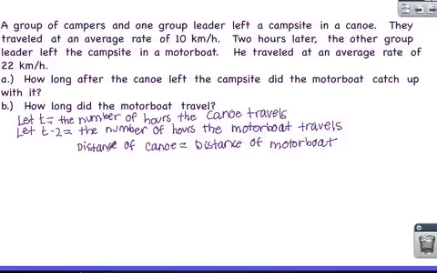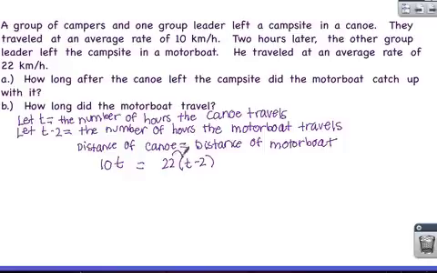Well, distance equals rate times time. So for the canoe, which travels at a rate of 10 kilometers per hour for t hours, and then for the distance of the motorboat, it travels at 22 kilometers per hour for t minus 2 hours, which we put in parentheses since that is a quantity.